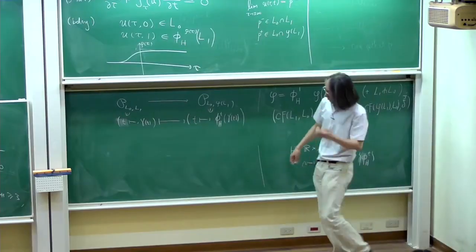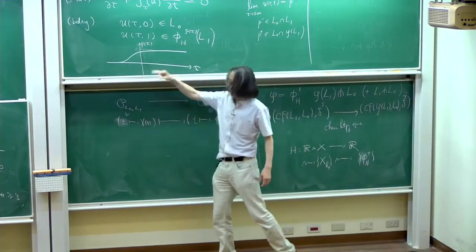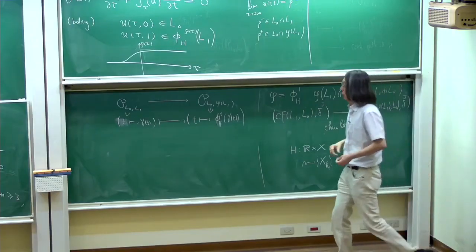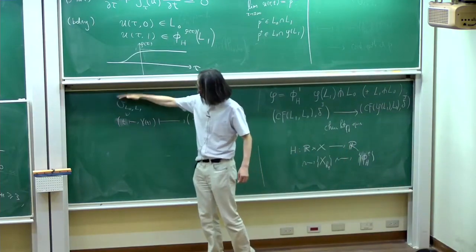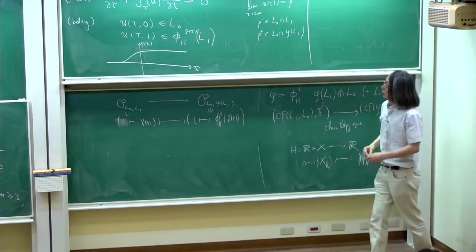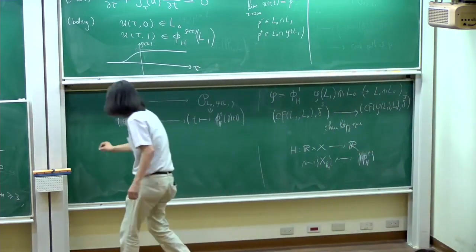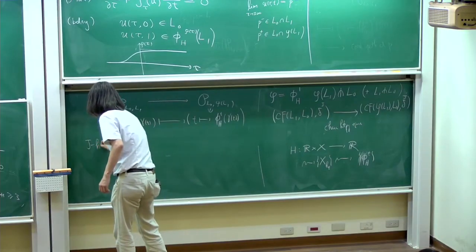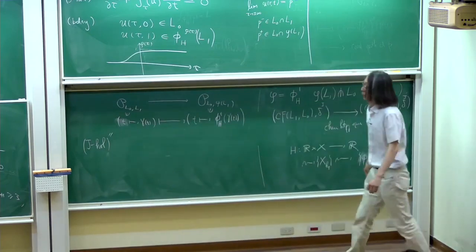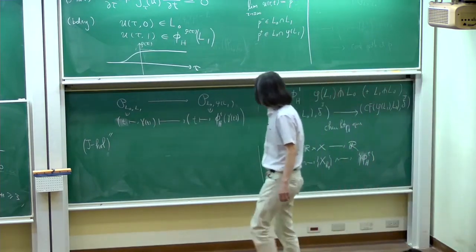Then I take a covering space, both sides, and then try to compare the construction here and the construction here. And then I get a bit different equation as follows.